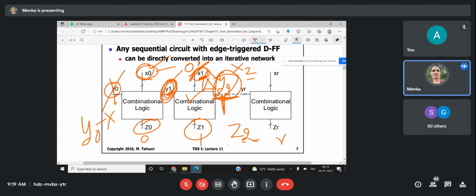And now your objective is to propagate that fault through the y2 and x2 combination to z2. So you can think you need three sequences at least. It may be two sequences also, if in the first go you have the desired value of y1. So let us understand how it is going to work.